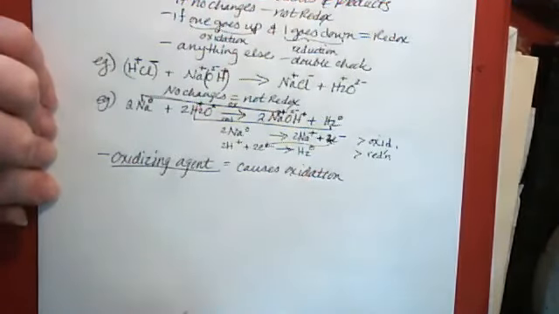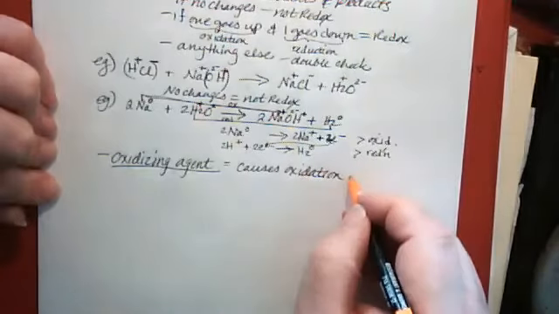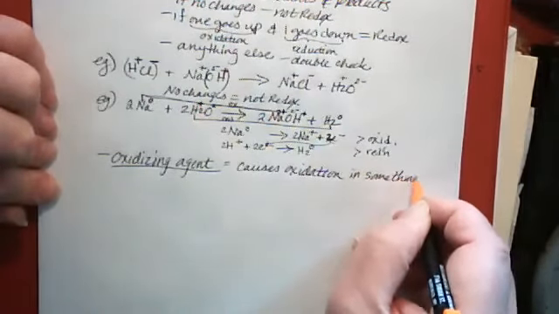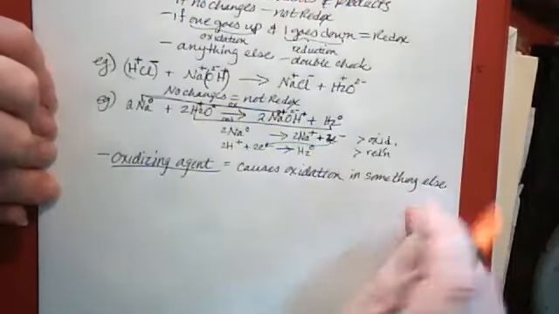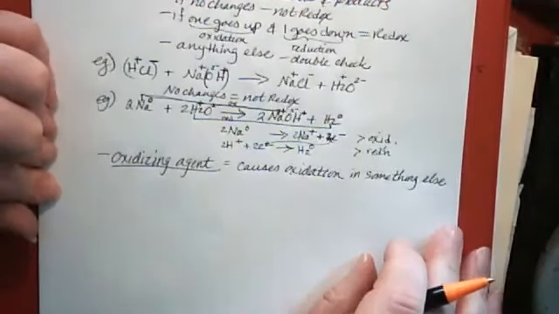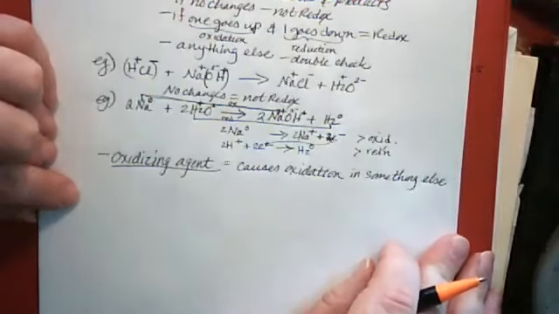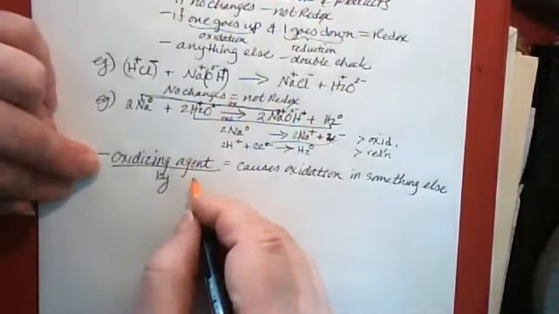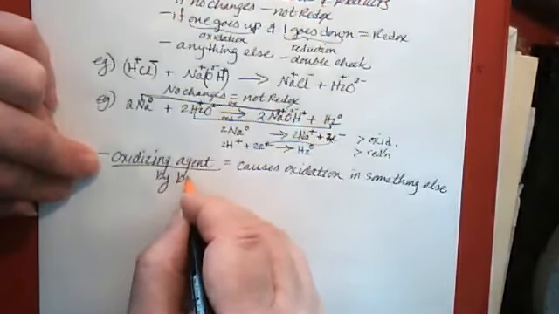But it causes oxidation in something else. So the oxidizing agent is not actually oxidized, it's reduced. Because the oxidizing agent causes oxidation in something else by taking electrons away from it.